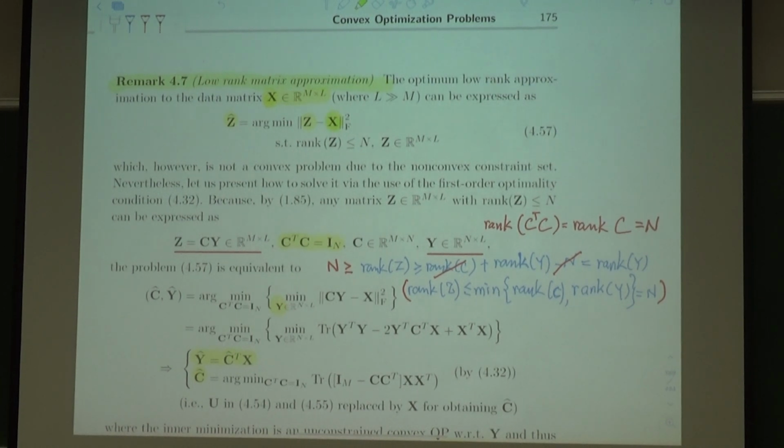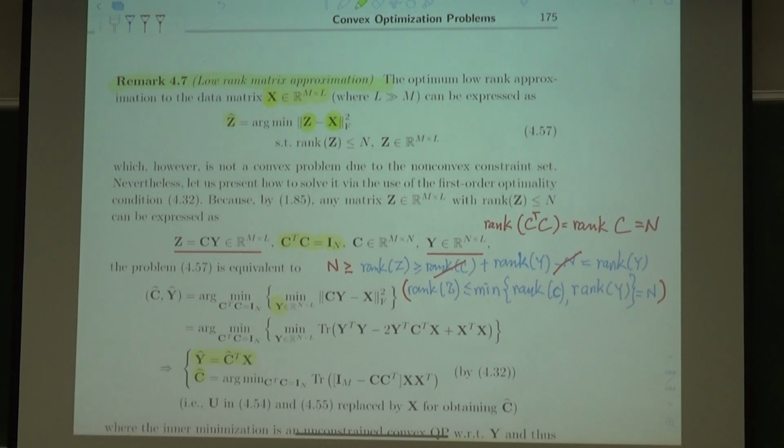This is a data matrix. Please find a matrix Z, of size M times L. M, as I mentioned, could be a very huge number. L is a huge number, but your data is in a low-rank space.